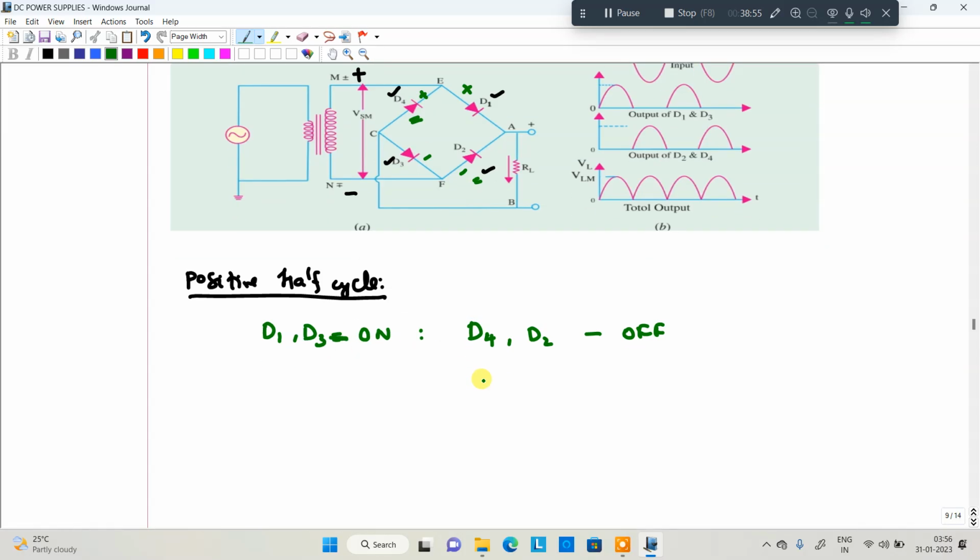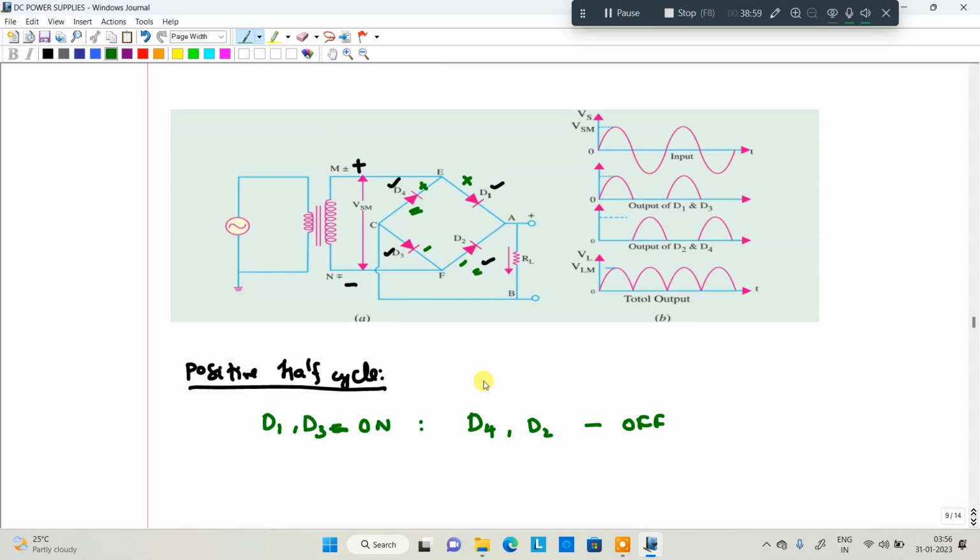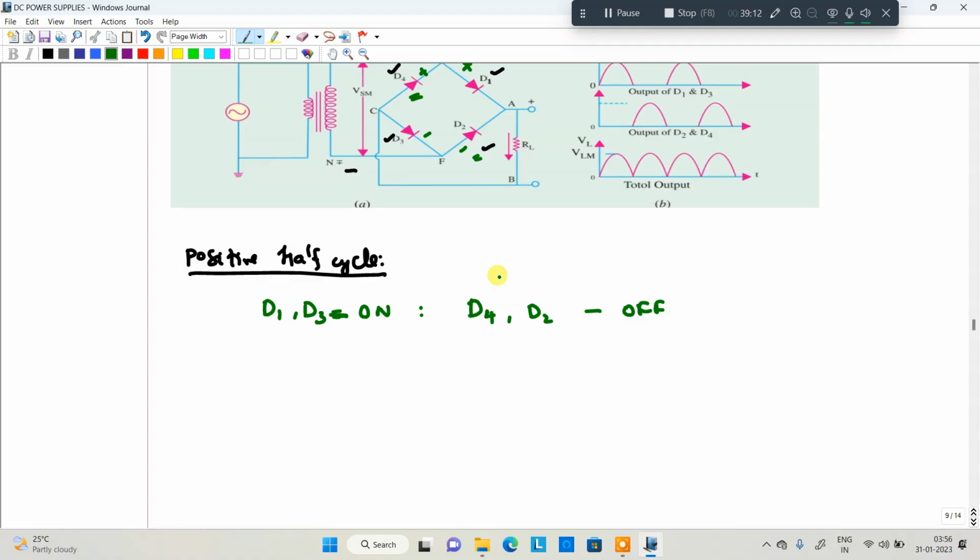So whenever D1 is on, D3 is on, and D4 and D2 are off, our equivalent circuit diagram will be like this. These 2 diodes get cancelled. I will show this equivalent circuit diagram below. Now see, D1 is on state, it is a closed switch.